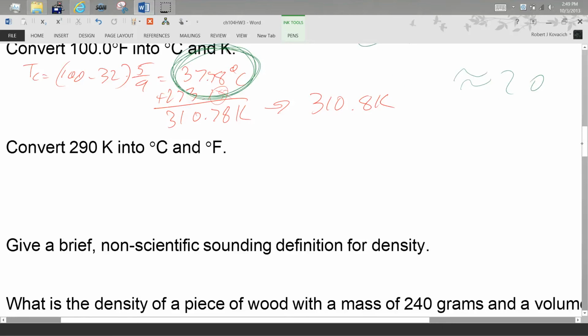Okay, so I'm going to go from Kelvin into Celsius. So the first thing I'm going to do is subtract off 273, and then I'm going to get 17 degrees Celsius. Okay, so 17 degrees Celsius. So your Fahrenheit number should be somewhere around what?